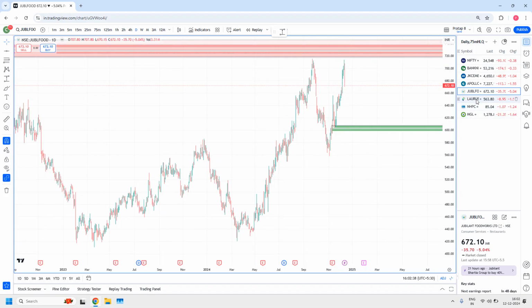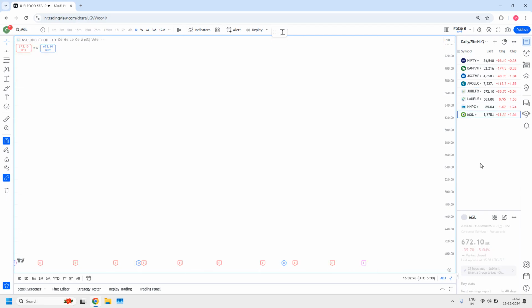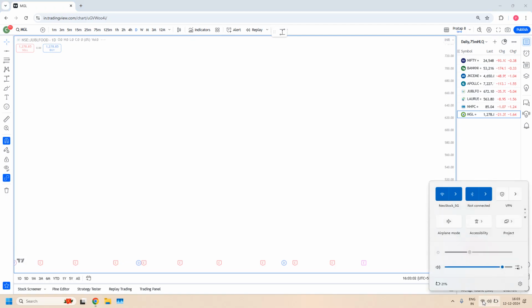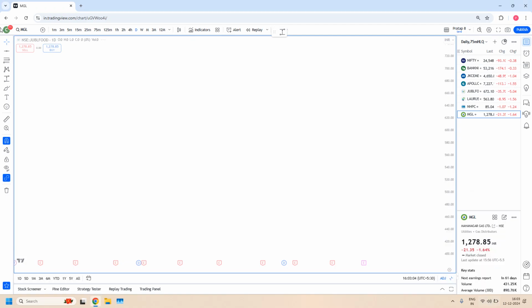And Laurus Labs already we discussed. And NHPC also we discussed. And the last one is MGL. This is a 75 minutes high liquidity supply zone. Internet is there.